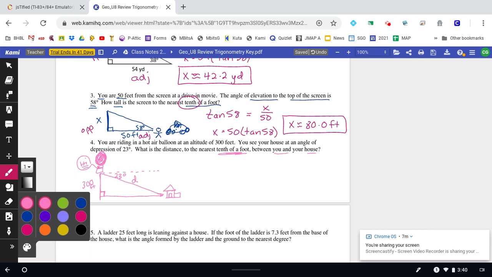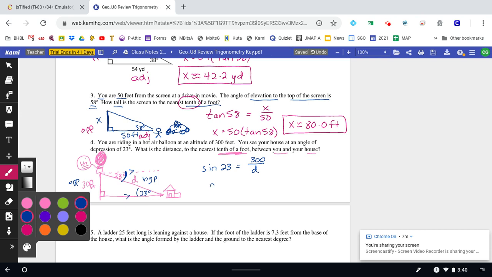So remember that when we have this 23 degrees, we assume that this horizon and this are parallel, so this is also 23 degrees. So we have an opposite, we have a hypotenuse. That tells us we're using our sine function. So the sine of 23 degrees equals opposite over hypotenuse.